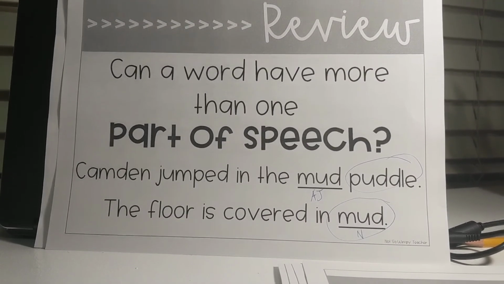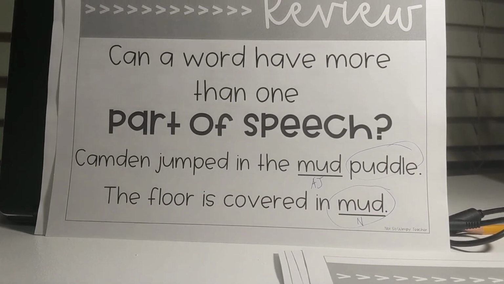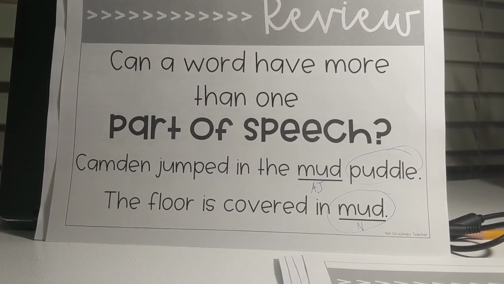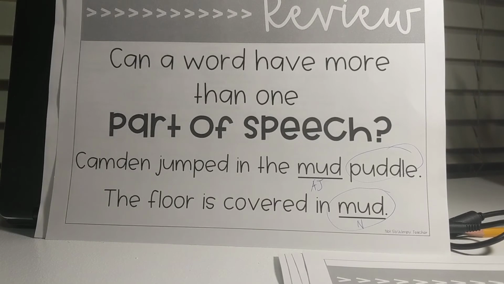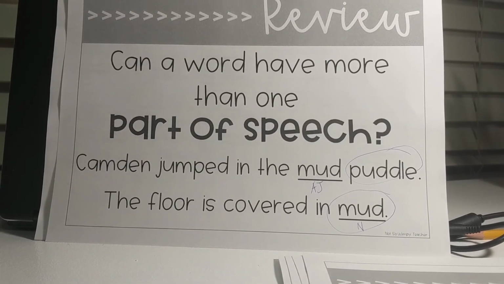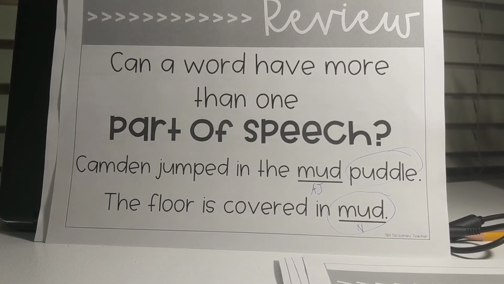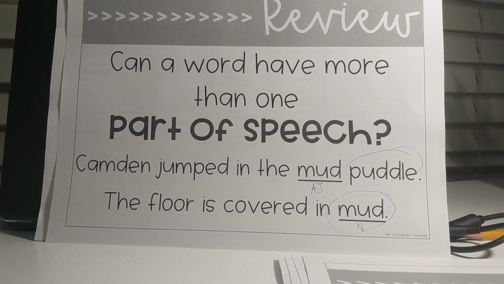Okay, then just to make sure you understand the complexity of this, there's this question. Can a word have more than one part of speech? Camden jumped in the mud puddle, and the floor is covered in mud.